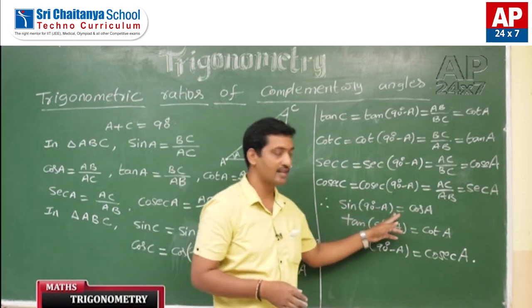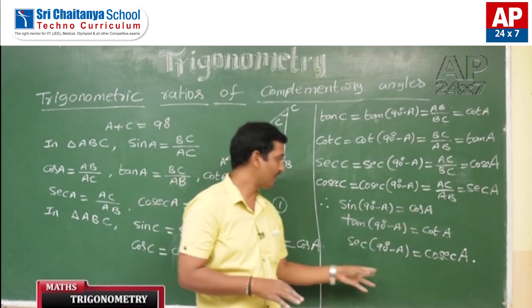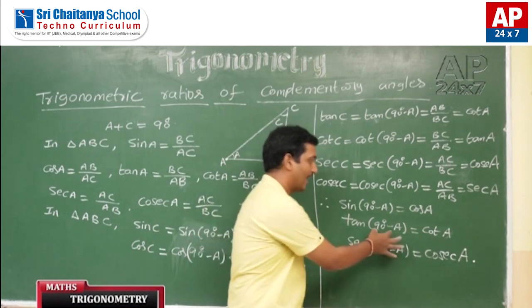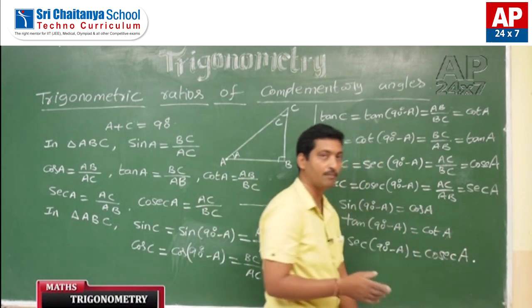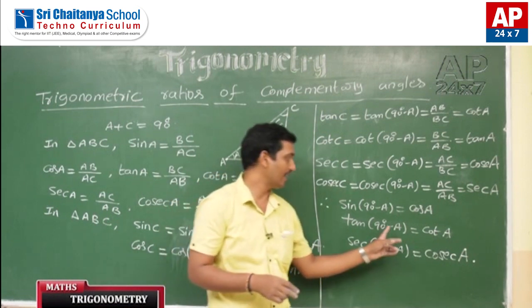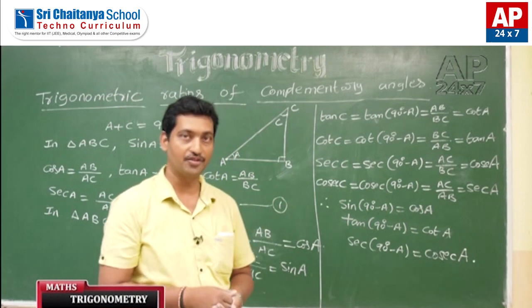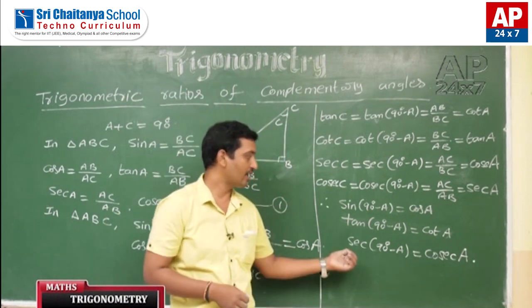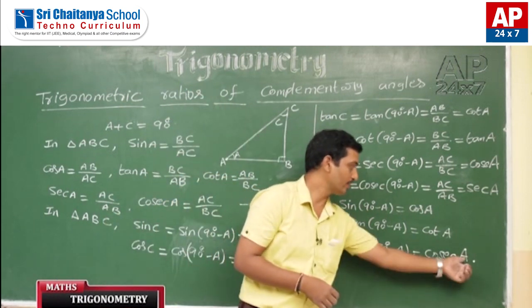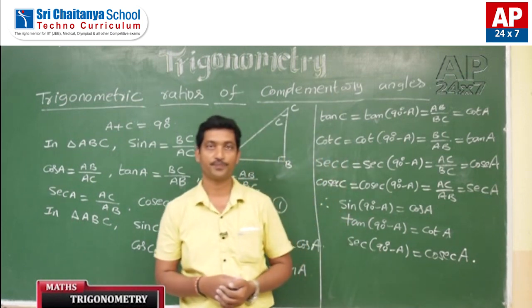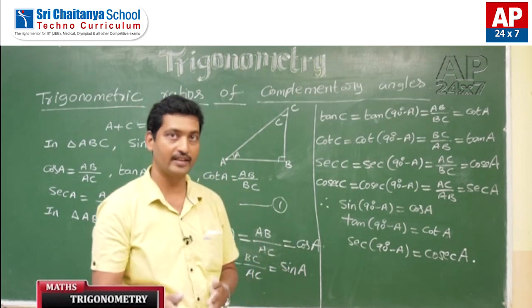Sine of 90 degrees minus A is equal to cos A. Similarly, tan of 90 degrees minus A is equal to cot A. See, 90 degrees minus A and A, the sum of these two angles is equal to 90 degrees. That's why CO is added before the tangent of angle A. Secant of 90 degrees minus A is equal to cosecant A. Here also, the sum of these two angles is equal to 90 degrees.